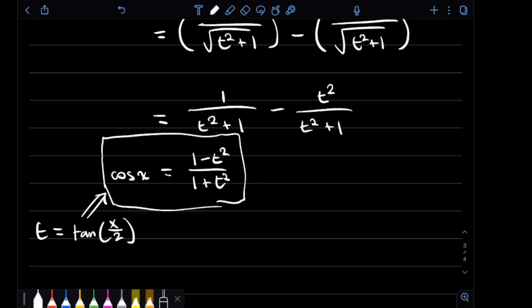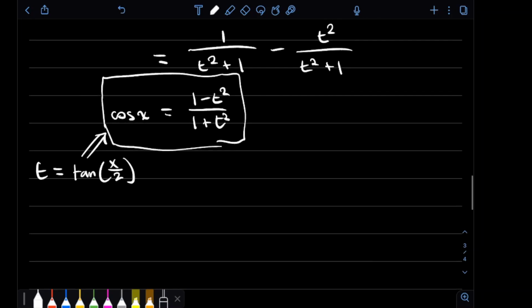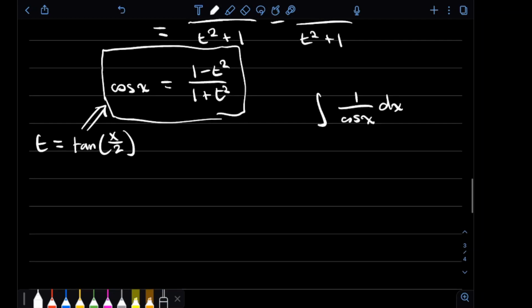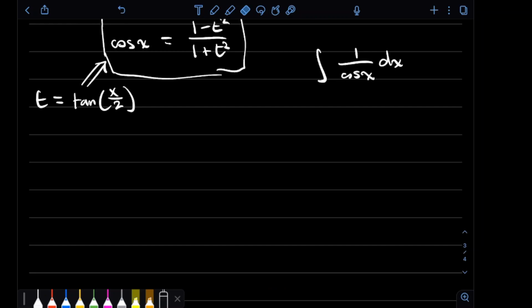So this is going to be very useful to us for figuring out this integral. One last thing before I plug everything back into the integral, because I don't want to get too excited here: we need to figure out what dt is. If I rewrite the integral here, the integral of 1 over cosine of x dx, we still need to solve for dx, or else we can't do anything. So I'm going to solve this equation for x. x over 2 equals arctangent of t.